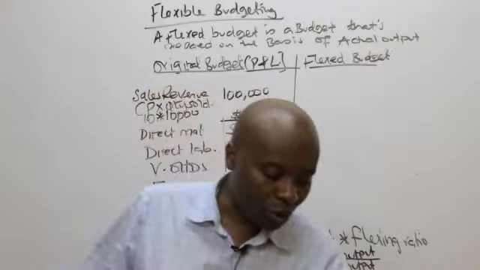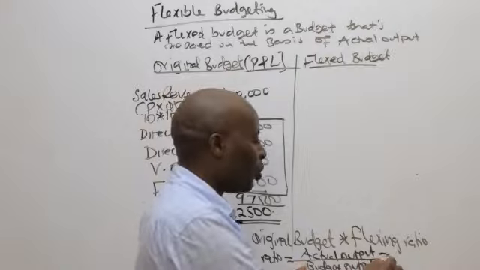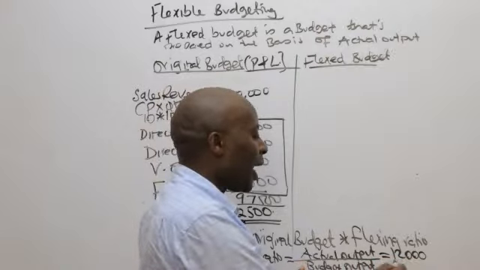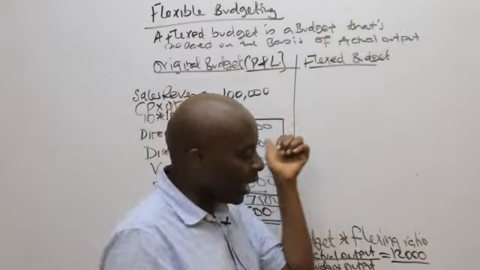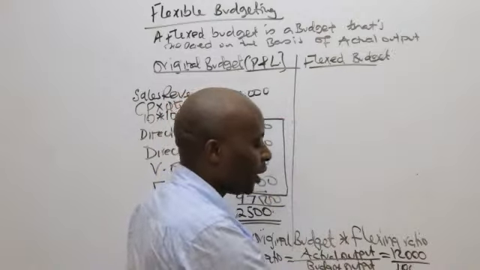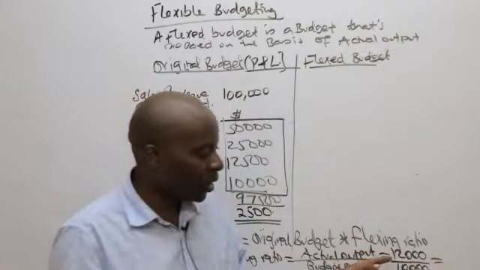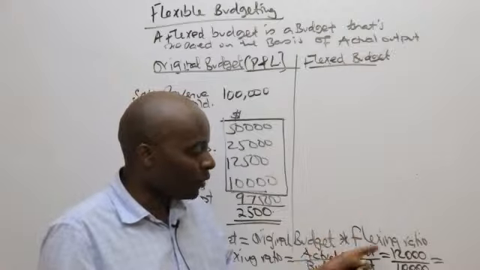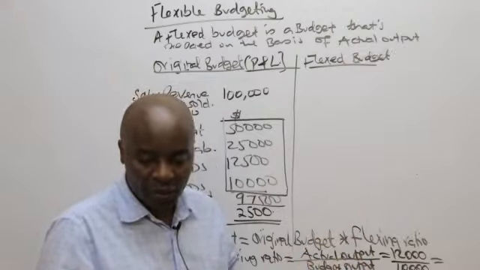Meaning that the actual output is 12,000 and the budgeted output which we had up there was 10,000 units. So could you kindly give us the flexing ratio? What is 12,000 divided by 10,000?